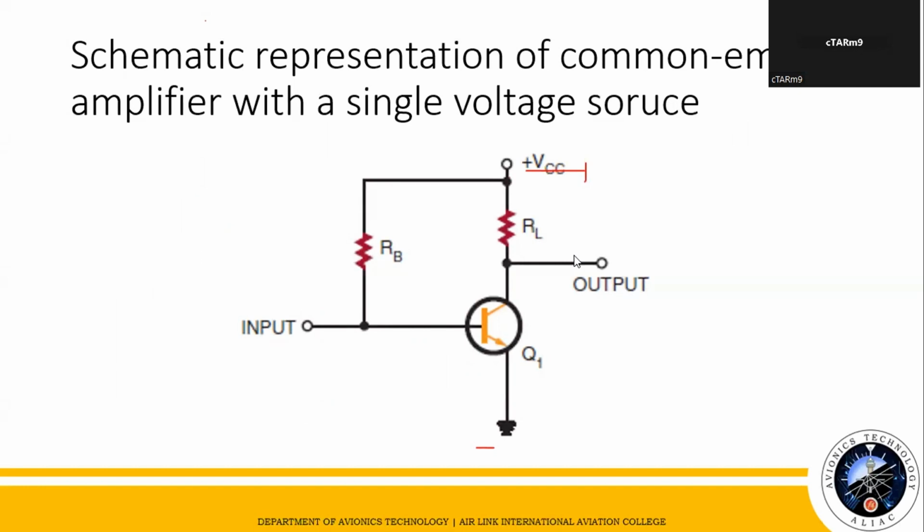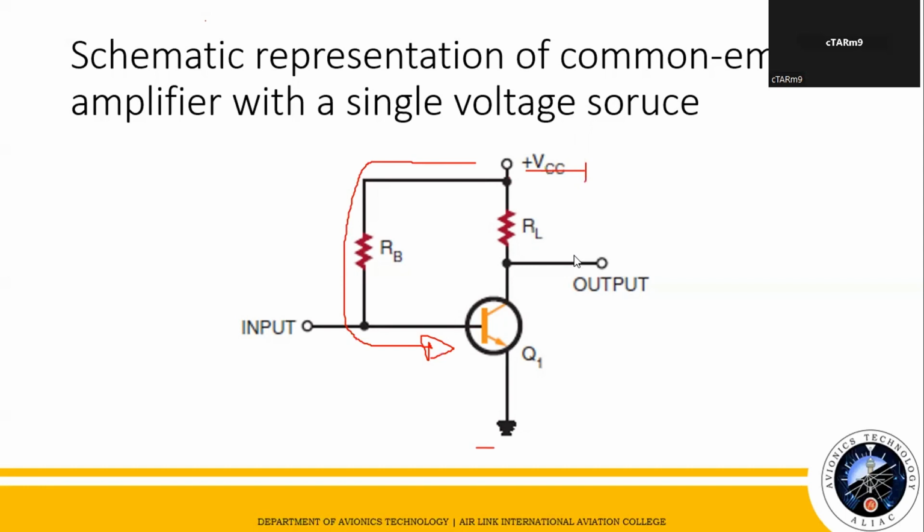Ng VCC, positive, negative. So the single voltage source provides proper biasing for the base emitter. Ulit natin, the single voltage provides proper biasing here, base and emitter.